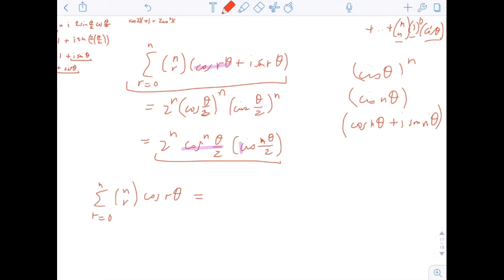And we're going to set that equal to the real part of the right side, which is going to be 2 to the n cosine to the n theta divided by 2, and then we're just going to put the cosine n theta over 2 part of this, and we're going to ignore the i sine part of it.